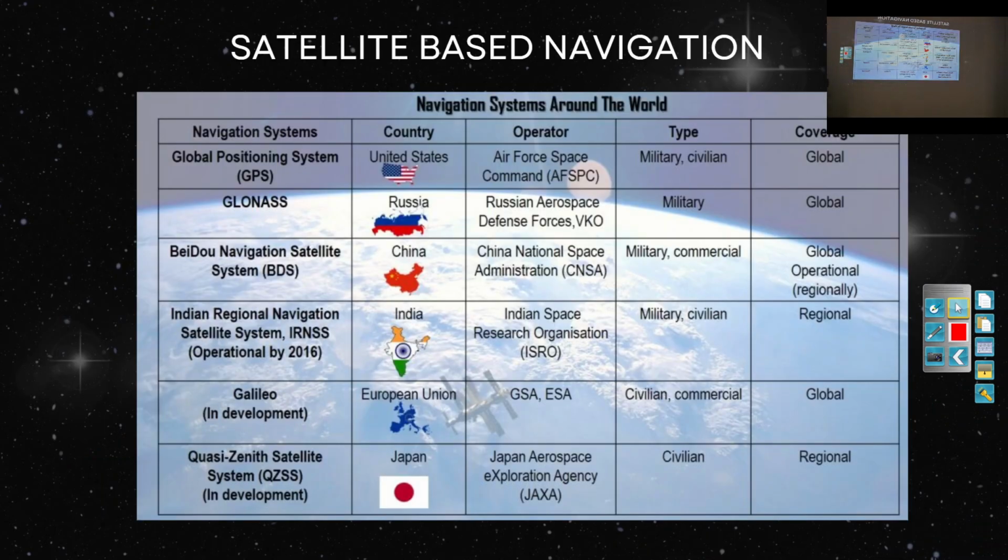So these are the different satellite based navigation systems. GPS is from the United States, then GLONASS from Russia, then BDS, the navigation satellite system of China, then IRNSS, now renamed NAVIC, by India, and Galileo, the European Union's, which also has global coverage, and the Quasi-Zenith Satellite System by Japan.